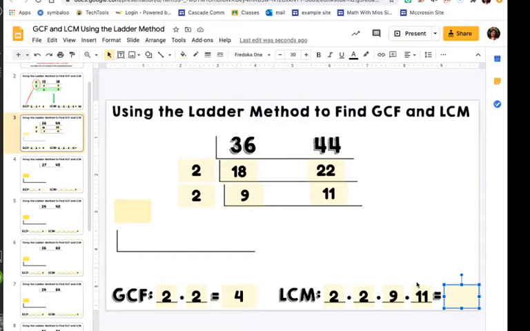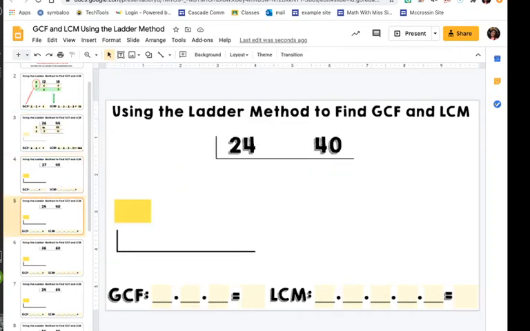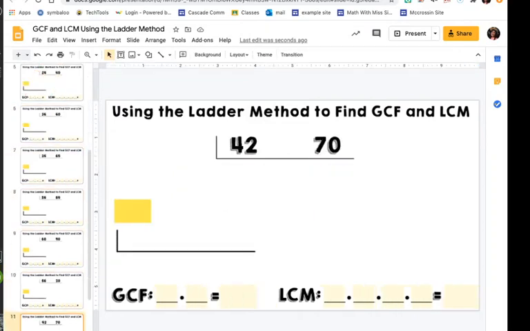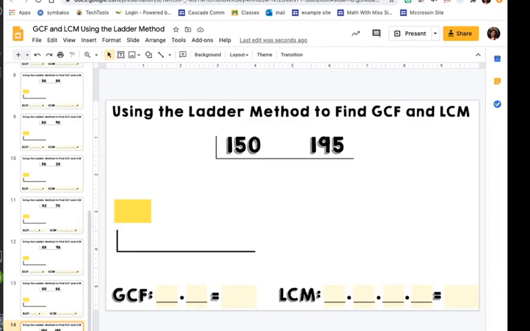And I'm actually going to use the calculator real quick. 36 times 11 is 396. Alright, so I just did the first slide for you. Do the rest of them. When you're done, turn it in. If you have any questions, go ahead and send me an email.